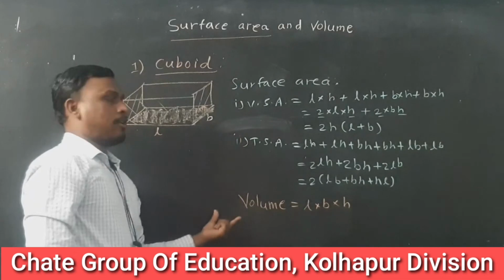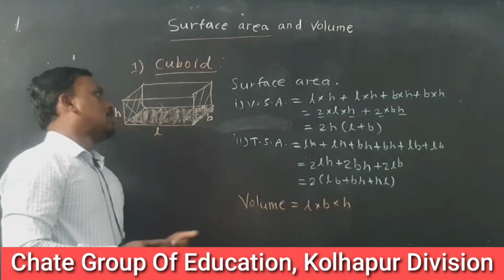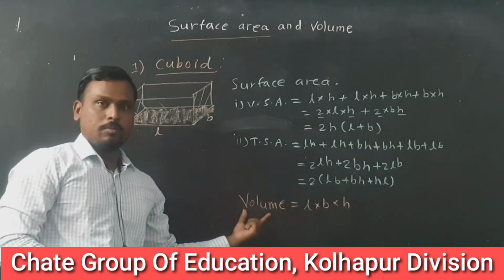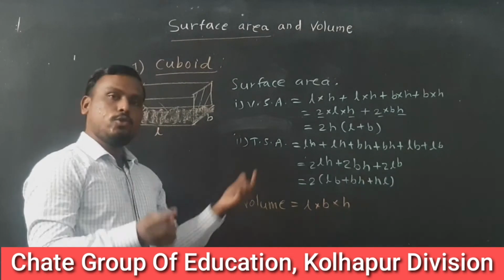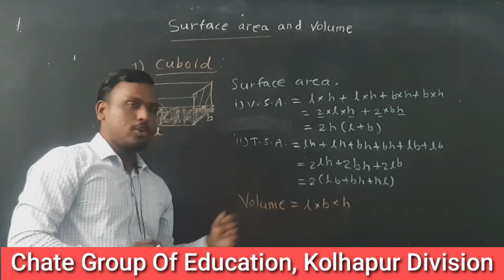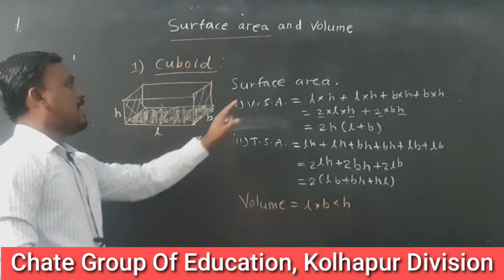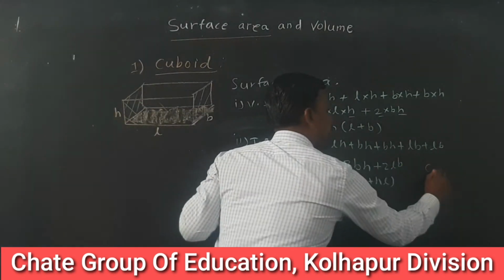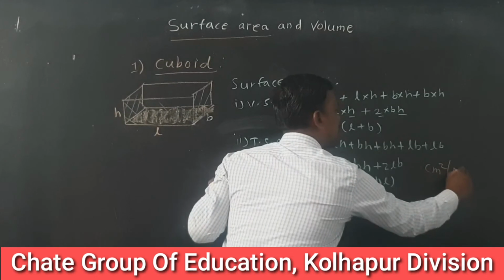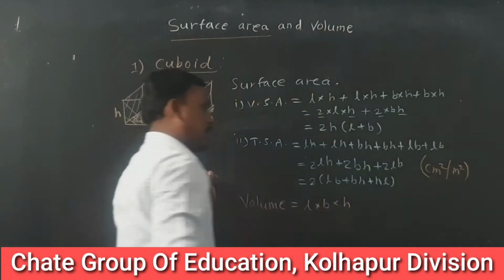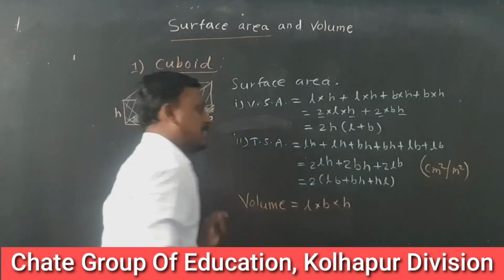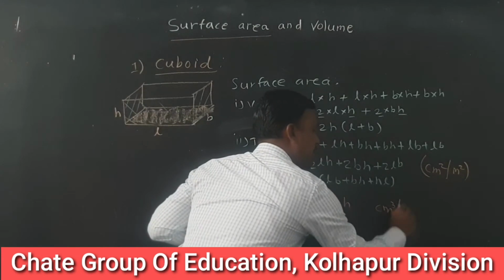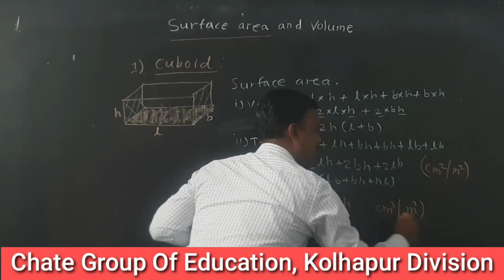So these are the formulas we will require to find the surface area or volume. Simple. And what is the unit of this surface area and volume? Remember always, area is always in centimeter square or meter square. Then volume is always in centimeter cube or meter cube.